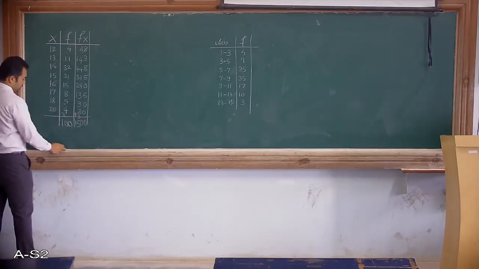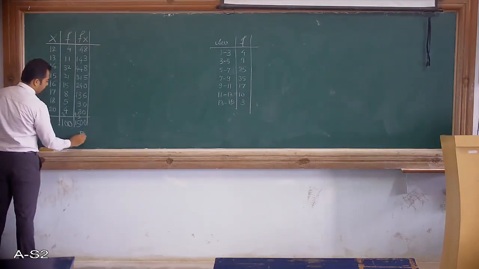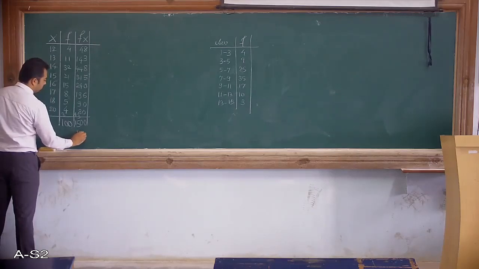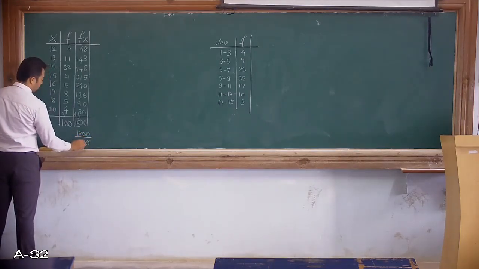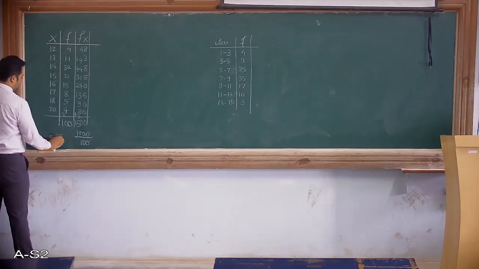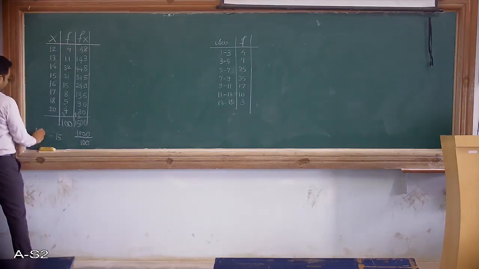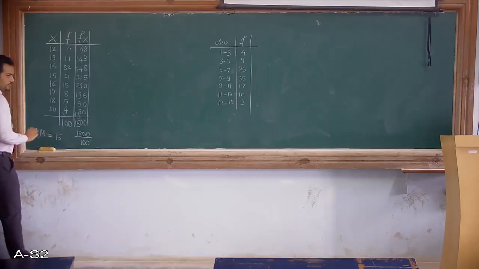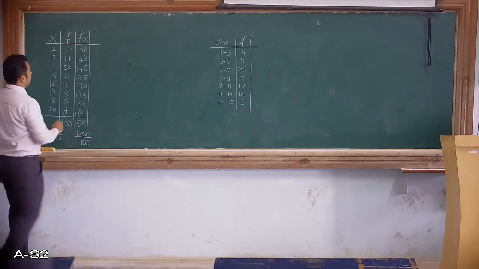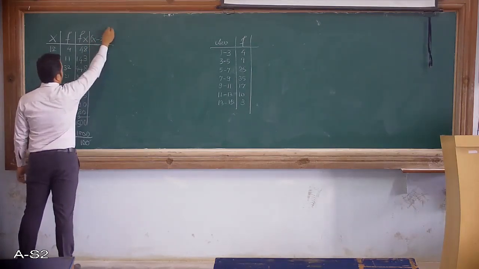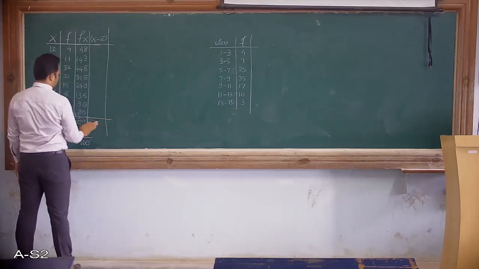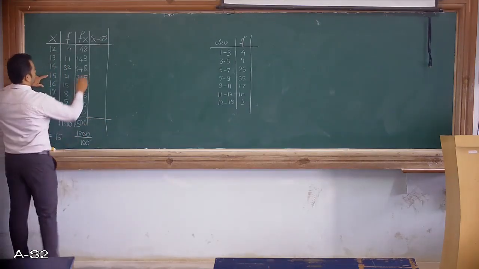The summation of this that we have calculated is 1500, and then divided by the total number of frequency, so 15 is the arithmetic mean we have received. Now we have to calculate the deviations from the arithmetic mean. So 15 is the arithmetic mean, so deviations from the arithmetic mean.